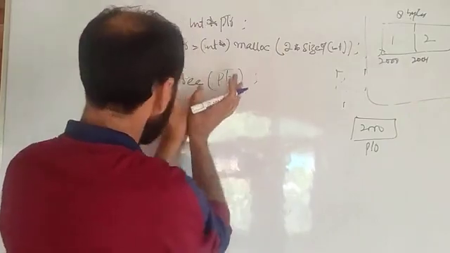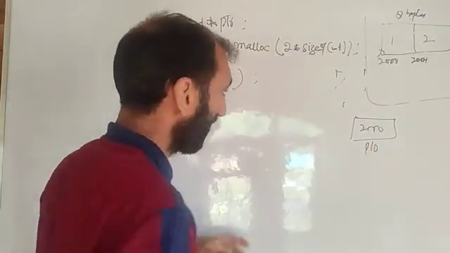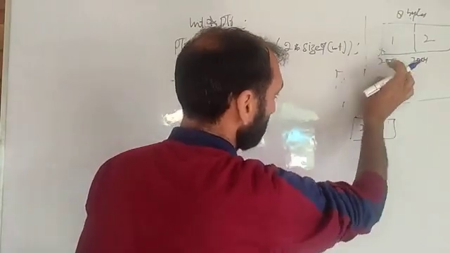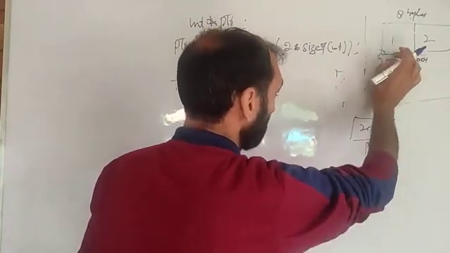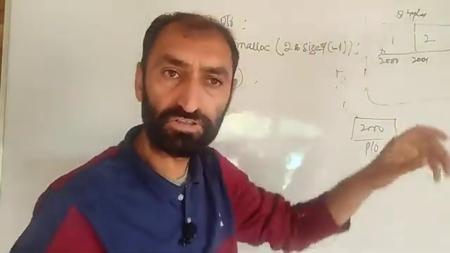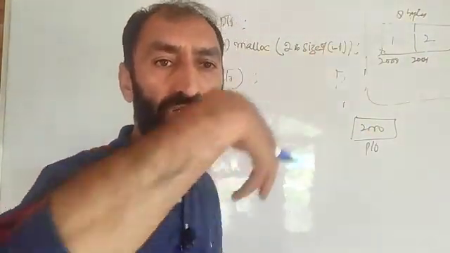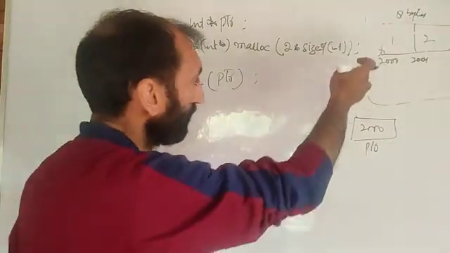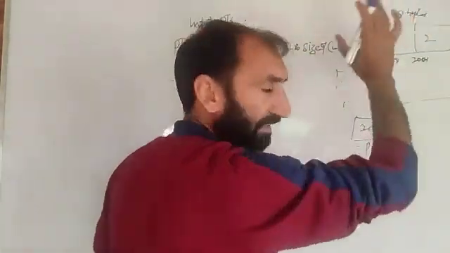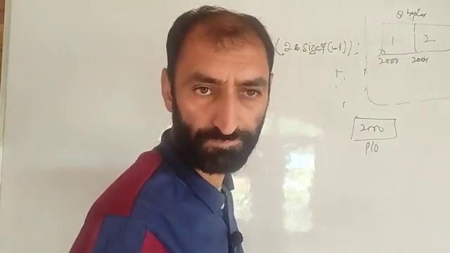That means now this PTR does not point to this memory block, and now this memory block is referred back to the heap where we had allocated it. Now it is a part of that heap memory.